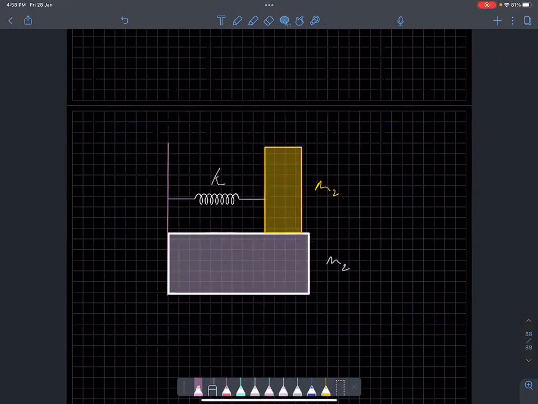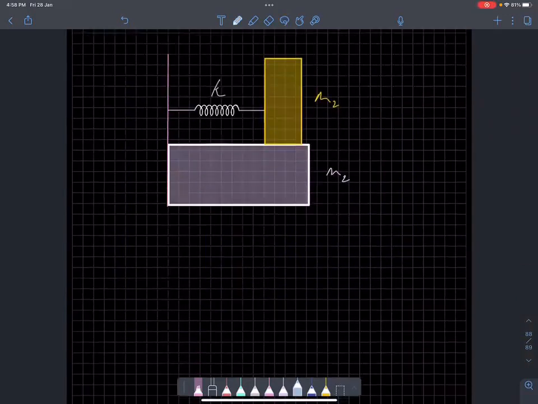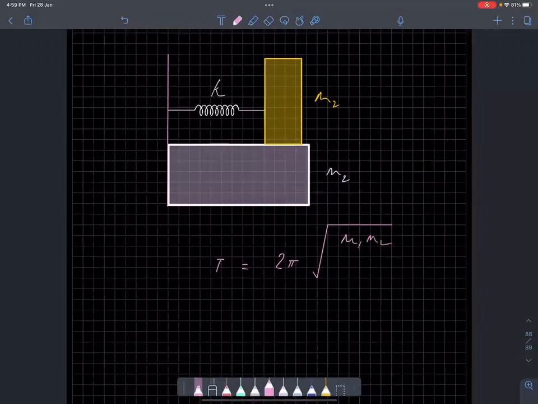If you do the problem completely, you'll get the time period as 2 pi under root M1 M2 by (M1 plus M2) into K. So this problem we already did.